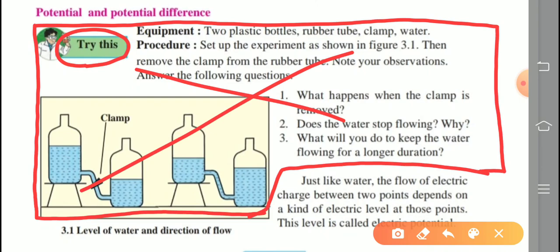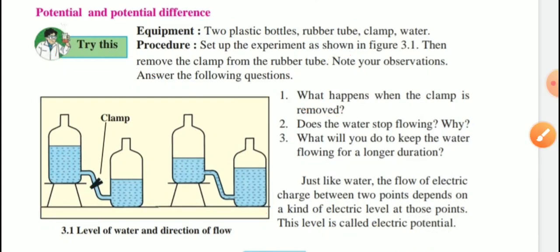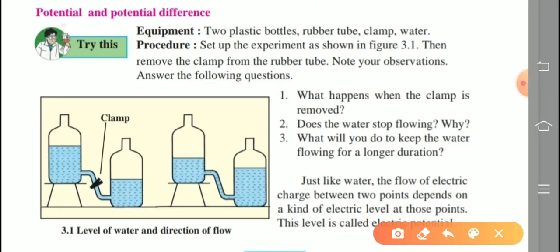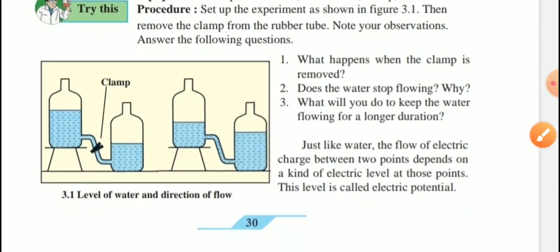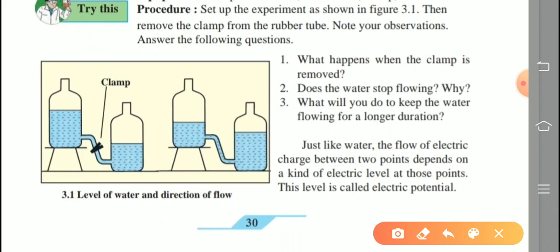Now see the last 3 lines. A simple meaning of potential is given. Like water, all of you know that water flows from a higher level to a lower level naturally. The flow of electric charge between 2 points depends on a kind of electric level at those points.